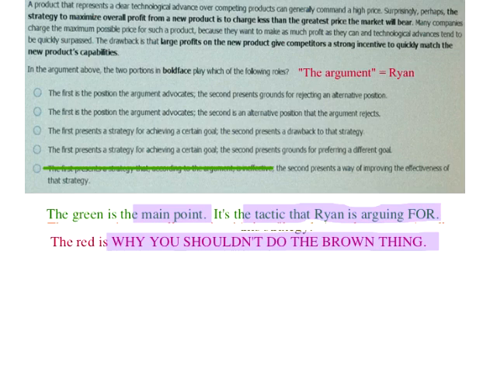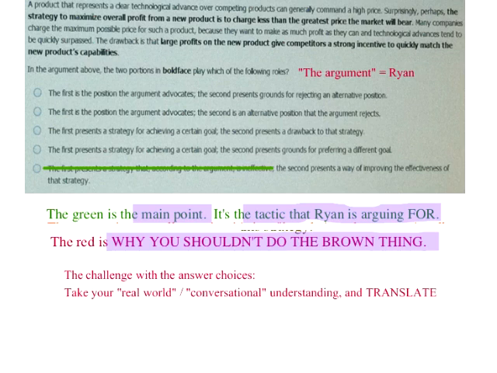So the challenge with the answer choices is you have to take your real world, normal person, conversational understanding, and translate it back into weird terminology that is divorced from conversation.